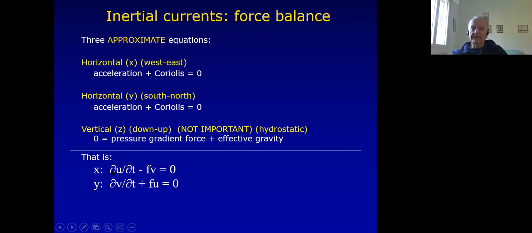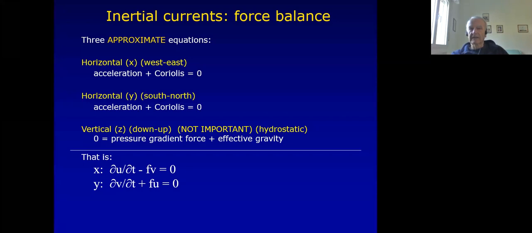So we have acceleration and the Coriolis force in the x and y directions. In the vertical, we don't have anything because we neglected the third component of the velocity. These are the equations we should solve in order to obtain the inertial currents. Solving these simple equations, we can combine the two and obtain very simple solutions for the inertial currents.